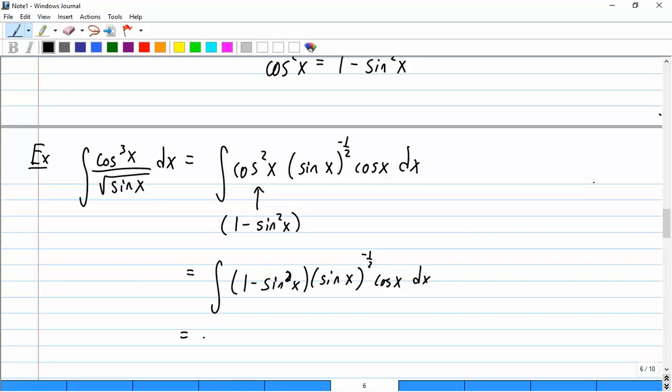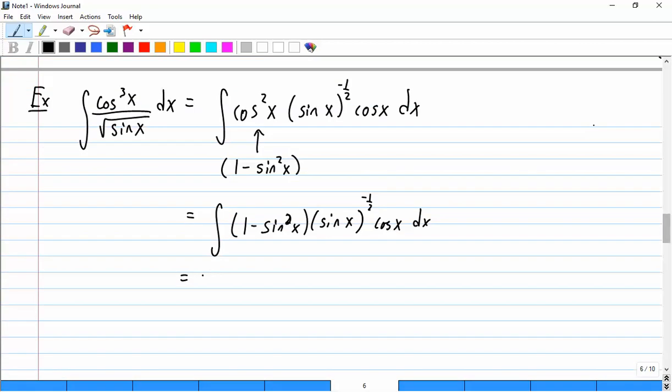All right, so now distribute your sine of x to the negative 1/2 power. So that's going to be the integral of, when you multiply it times 1, that's just sine of x to the negative 1/2 power. Then I'm going to have minus, because there's a minus sign there, sine of x. Now what power does this become?